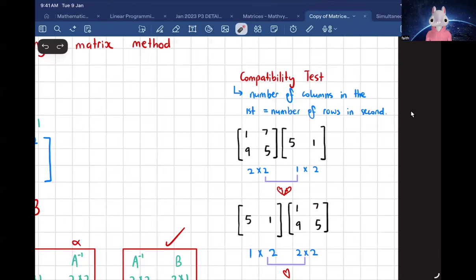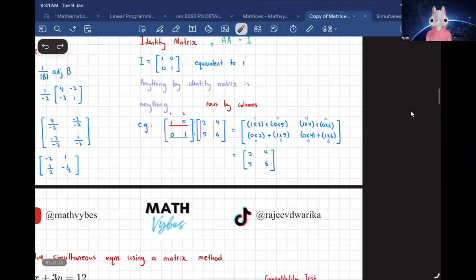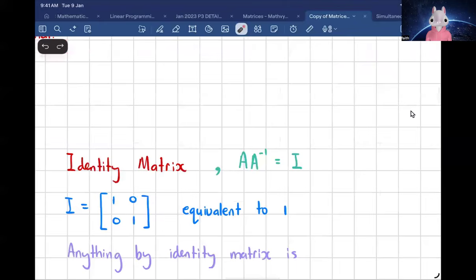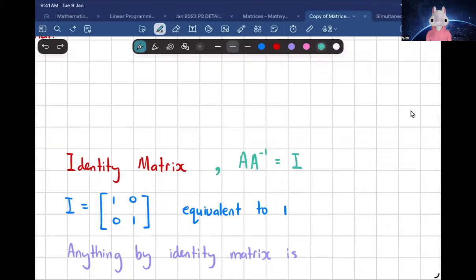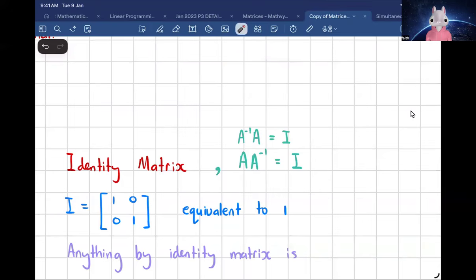If I switch the order, it dramatically changes things. So the order matters. The one time the order does not matter is when you're multiplying A inverse by A, that would still give you I. A by A inverse would still give you I. The reason is that both of them are 2 by 2 matrices. So would the order really matter?